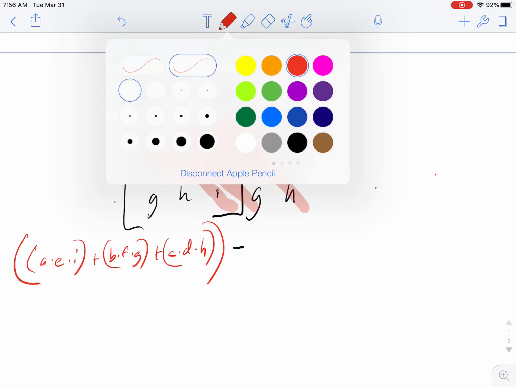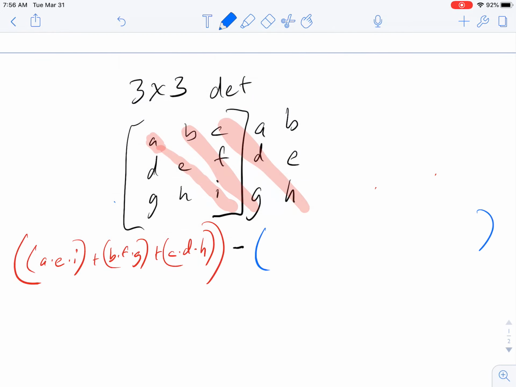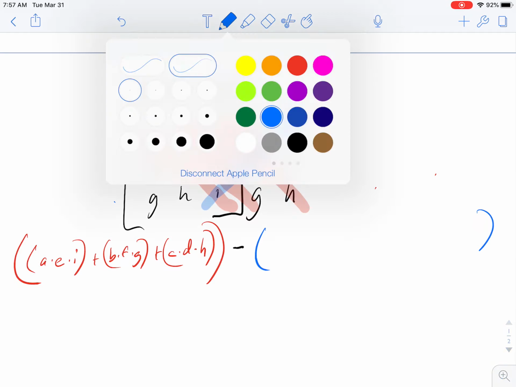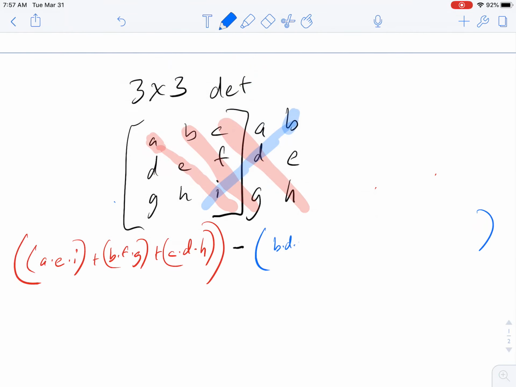Okay. So now this second set we're going to put in blue. We're going to do the same exact thing, but we're going to start at the opposite end. We're going to start with B right here, and we're going to make a diagonal, B, D, I. So B times D times I. We're going to do the same exact thing with A, F, and H, and then with this last one, C, E, G. Okay?